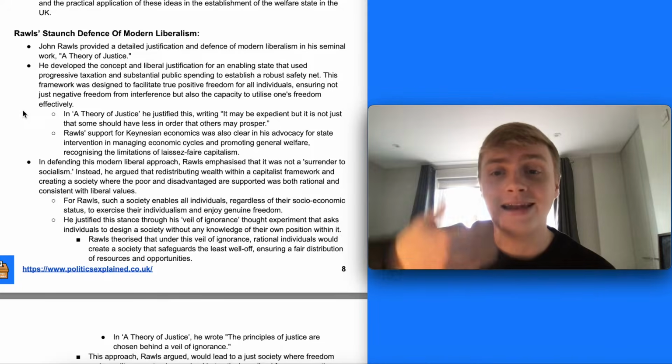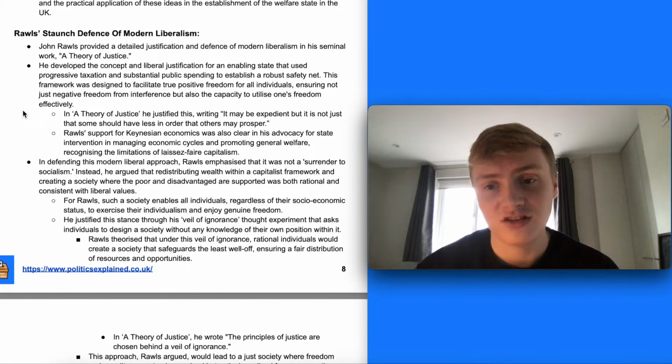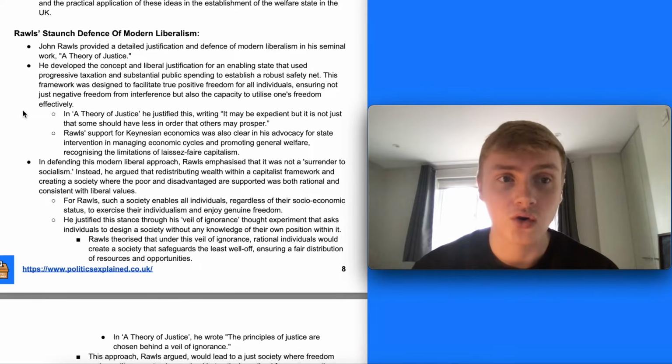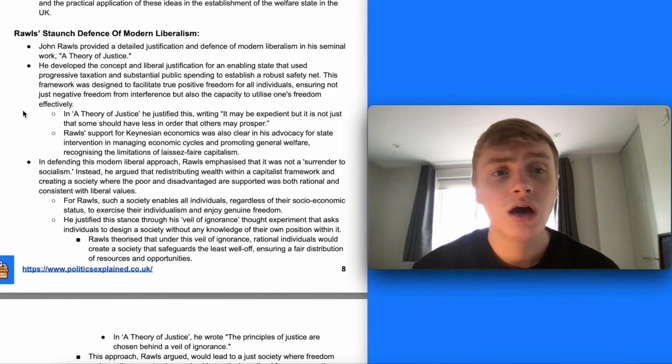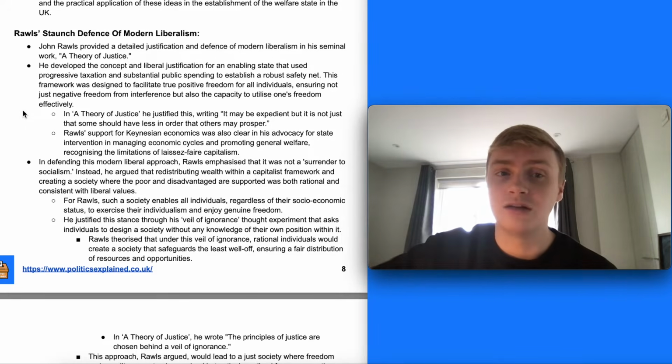And the idea of this is it enables people to be free. It gives them the support needed to pursue their own freedom, pursue their goals, progress, etc. So this was designed to facilitate true positive freedom for all individuals, ensuring not just negative freedom, not just the absence of restraint, but also the capacity to utilise your freedom effectively.